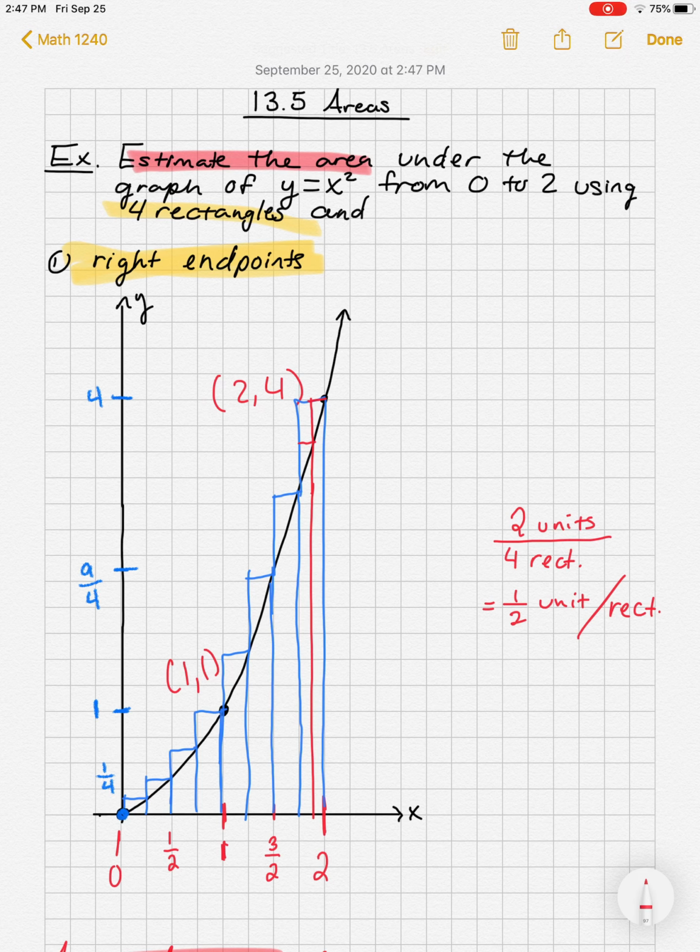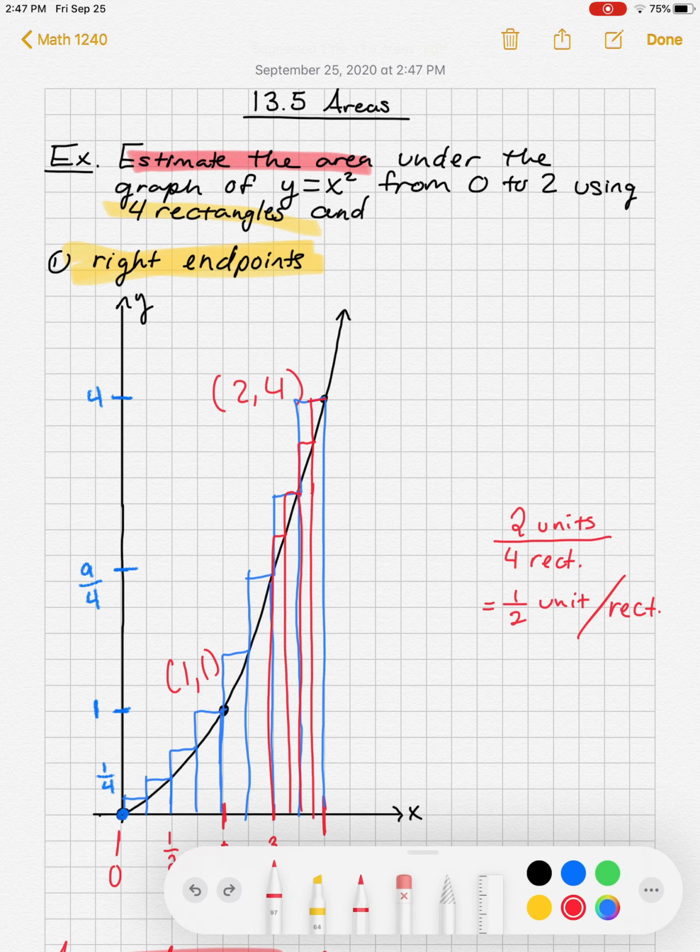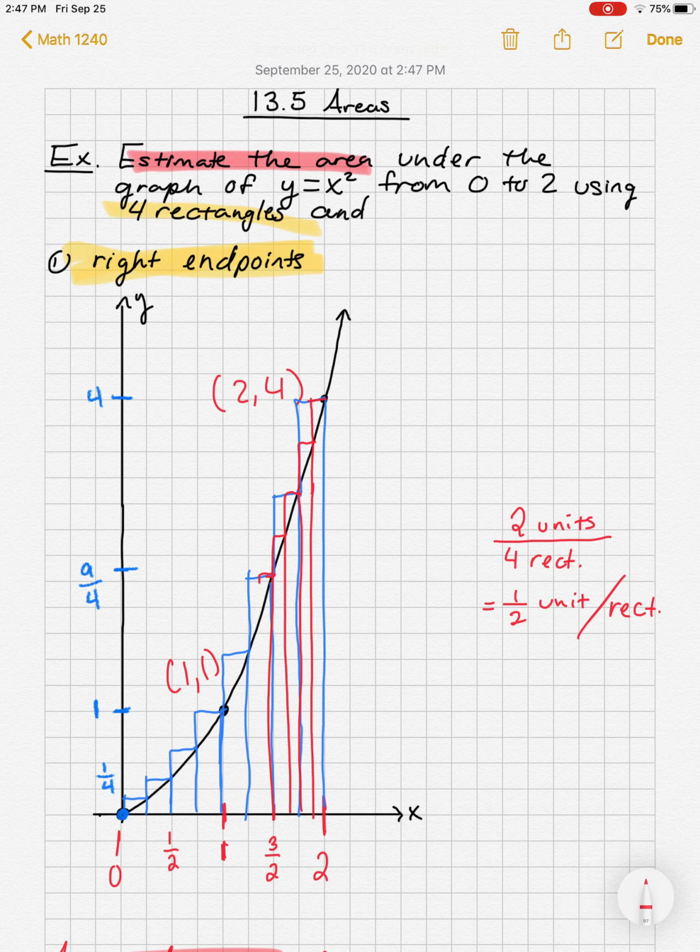Your next one would start there. See how I'm getting closer and closer to the curve each time? I'd have less extra area each time I cut those rectangles in half. Something like this. Oops. Here, but you get the idea.